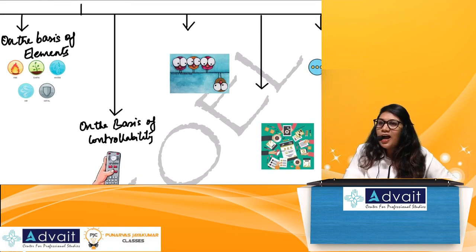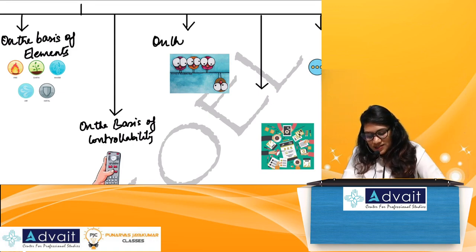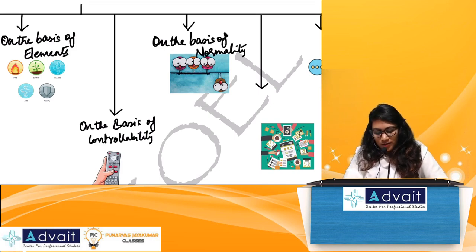Okay, this is a bit hard to guess. Three of them are sitting normally, one is weird, extraordinary. So on the basis of normality. So these three are normal, this is abnormal.